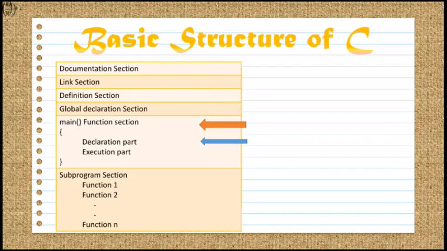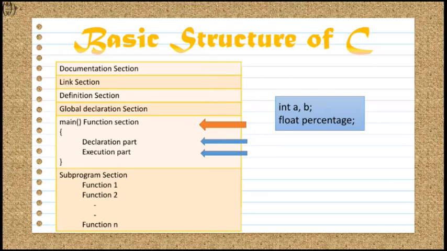So variable which we want to use in program must be declared in declaration part. For example, int a comma b semicolon, float percentage semicolon. So in this way we will declare variables in declaration part.